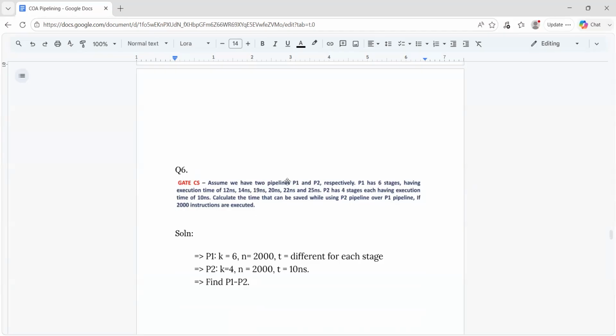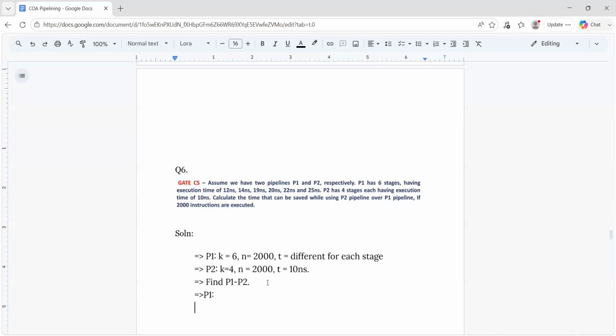So here we have two pipelines, P1 and P2, where the number of stages is 6 and n is equal to 2000. But in P1, the times are different for each stage, while in P2, k is equal to 4, n is equal to 2000, and time will be 10 nanoseconds. So basically, we need to find P1 minus P2 to find how much P2 is more than P1.